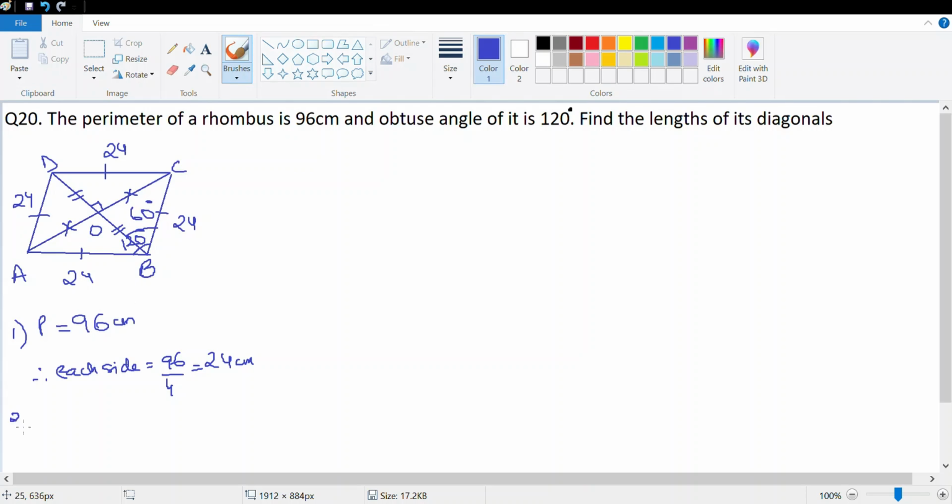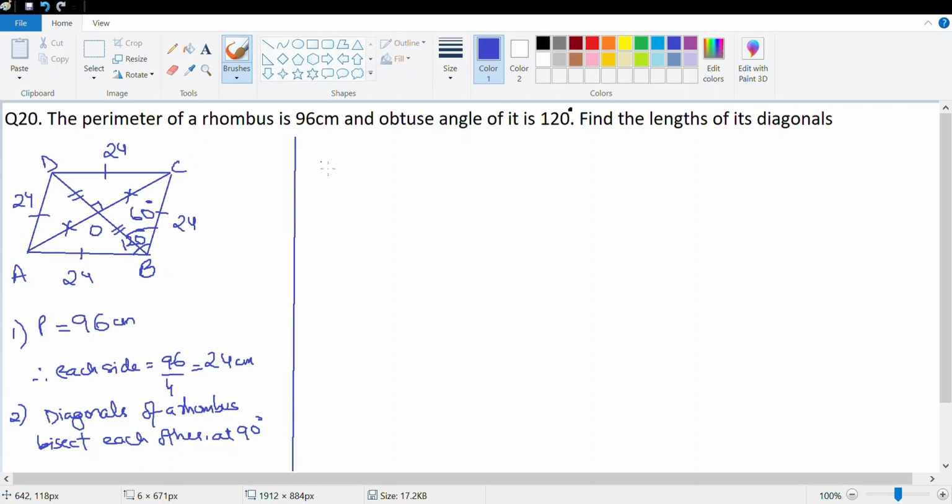Point number 2, diagonals of a rhombus bisect each other at 90 degree. What this means is, point number 3, therefore OD is equal to OB and OA is equal to OC.